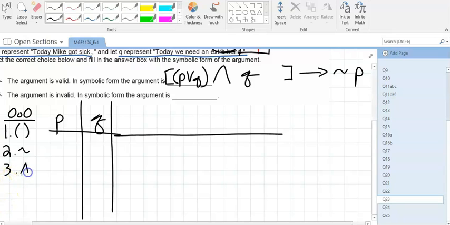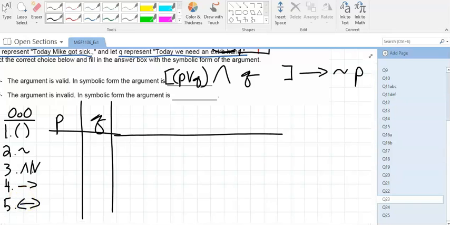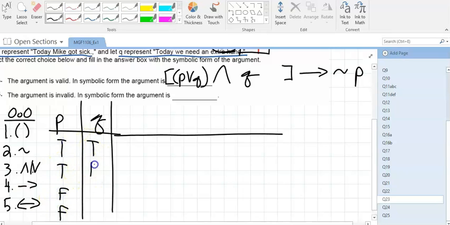You move to ands and ors. Then you deal with conditionals. And then you deal with biconditionals. So, we're true, true, false, false, true, false, true, false.